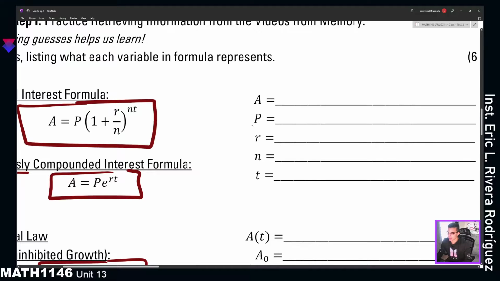Okay, so the initial part here is the principal, the amount of money that was taken at the beginning of that period. We call P the principal, so that is the initial value.